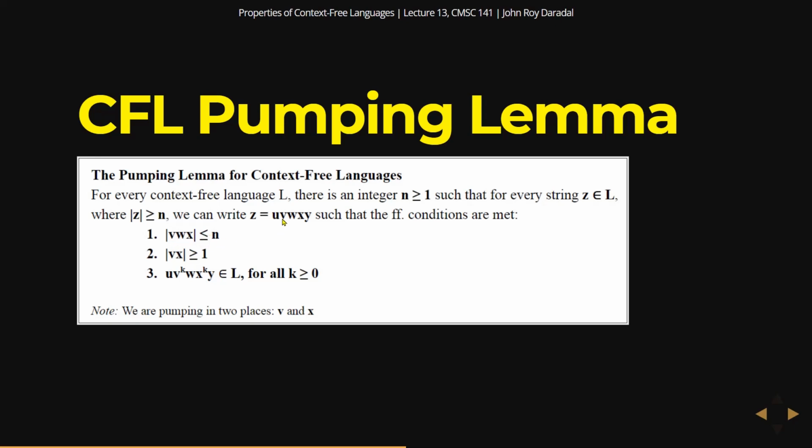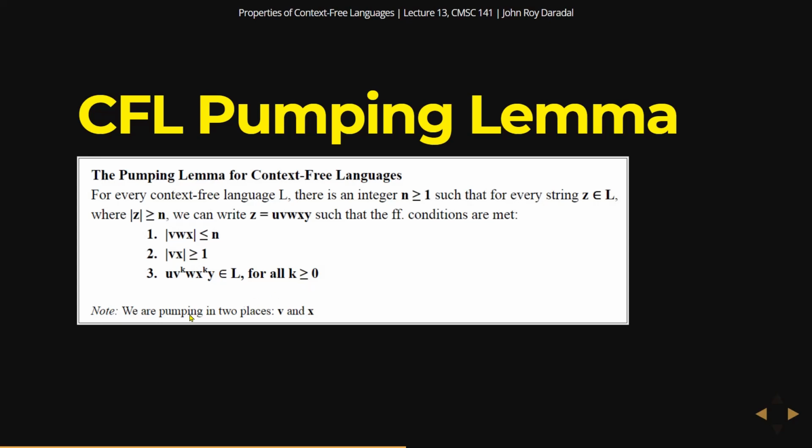So this part here, vwx, the one in the middle, should not exceed the length of n. The length of vx should be greater than or equal to 1. And if you pump v and x with k, it should still be part of the language for any k greater than or equal to 0.